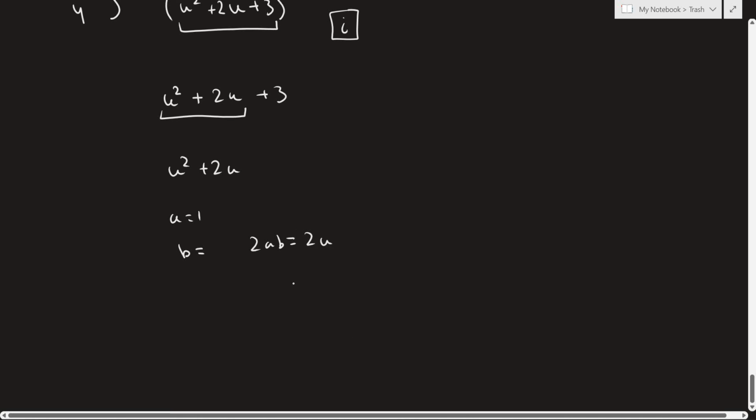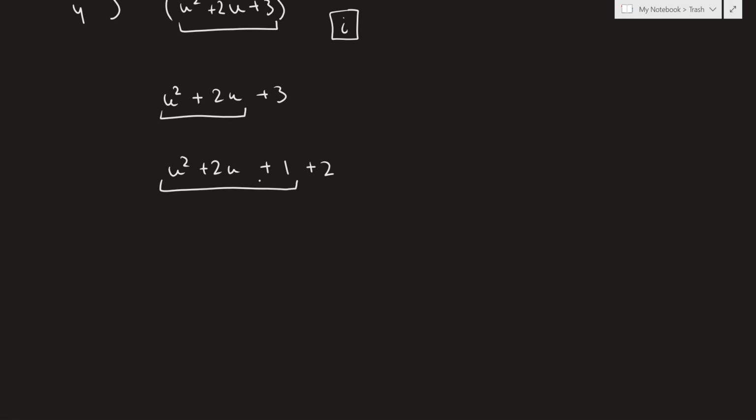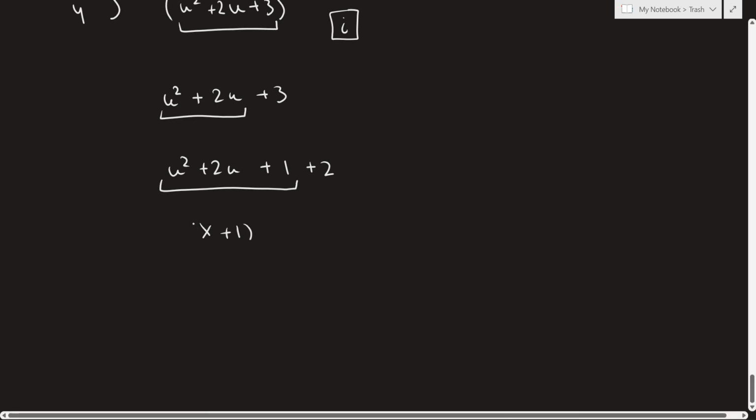So b must be 1 because 2 times u times 1 is 2u. So b is 1, so b squared is 1 squared or 1. In order to make it 3, we need to add 2. So leave the 2 behind for now and factor this part here. x is 1, x squared is 1, and 2x and 1. It's going to be (x plus 1) squared plus 2.